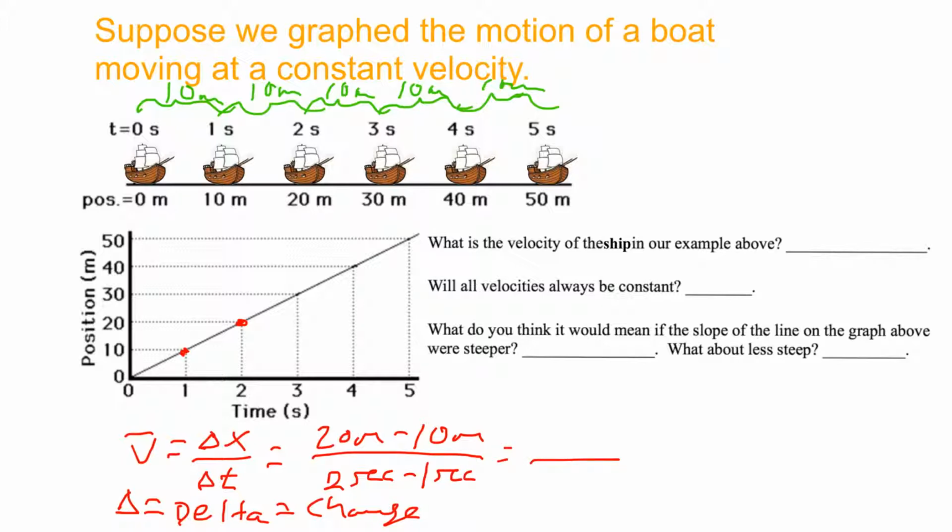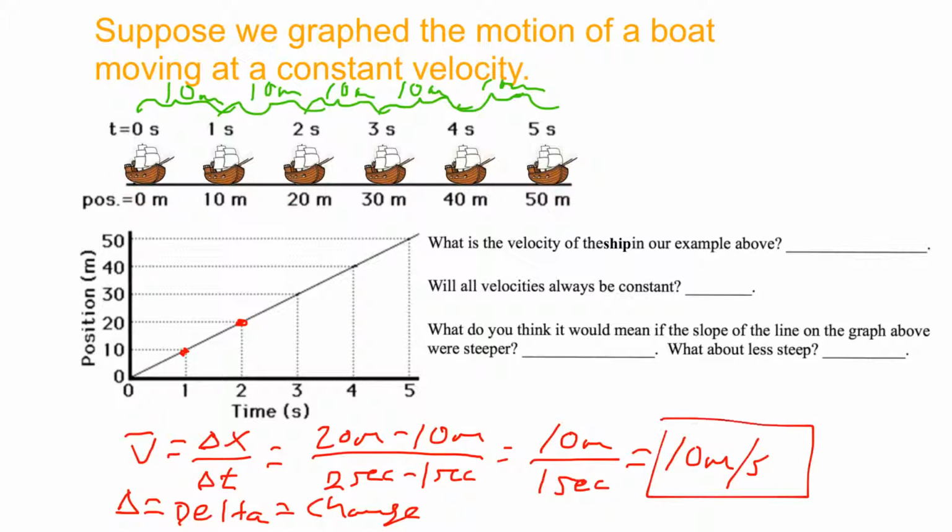Alright, so 20 minus 10 is 10, and 2 minus 1 is 1. So that's 10 divided by 1, which is 10, and then our units are meters per second. So the average velocity of this ship throughout the entire trip was 10 meters per second.